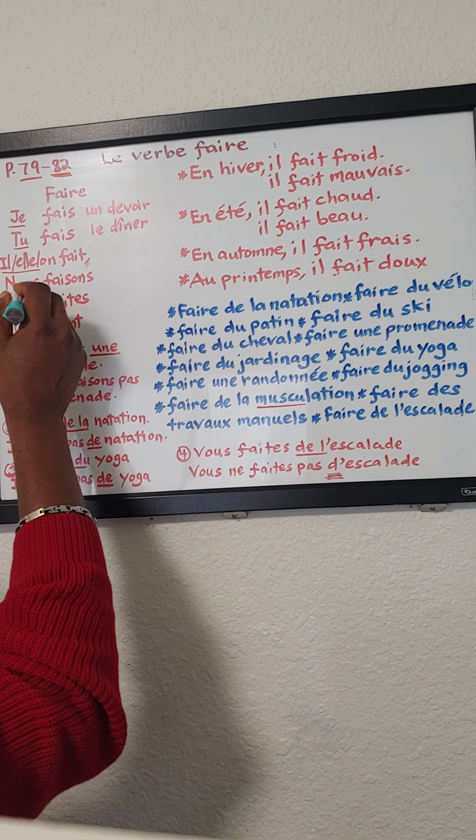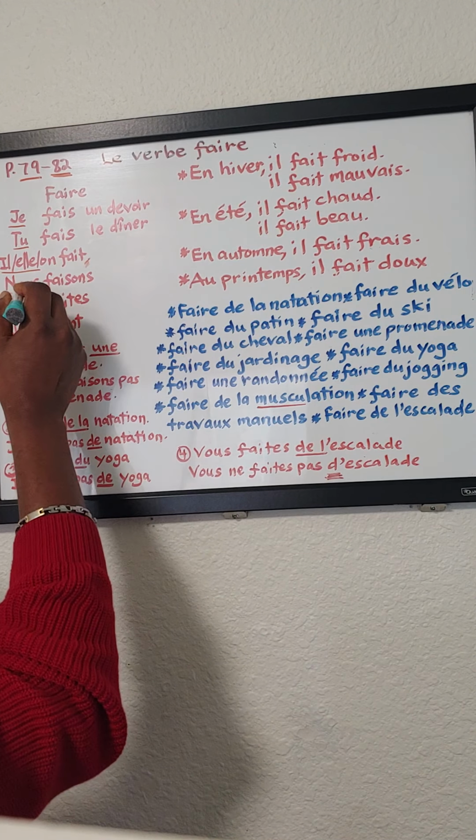In French, the verb faire is used to express how the weather looks. So for instance, if you want to say it is cold outside, you use the expression il fait, followed by froid.